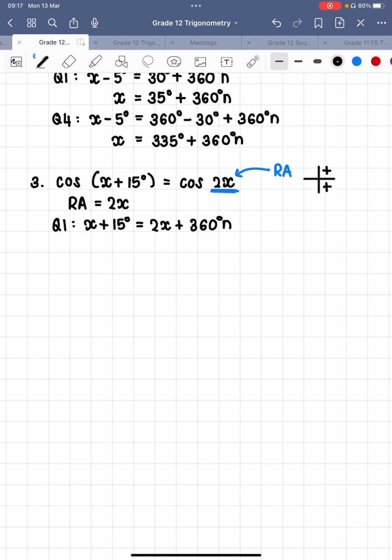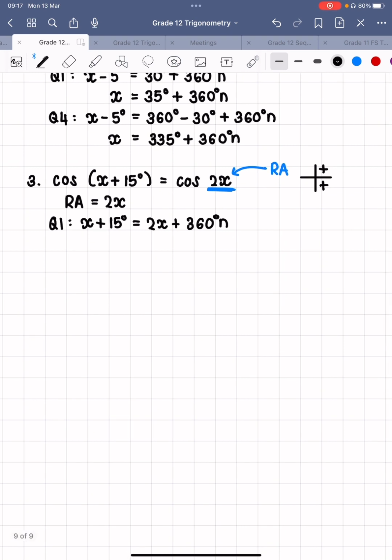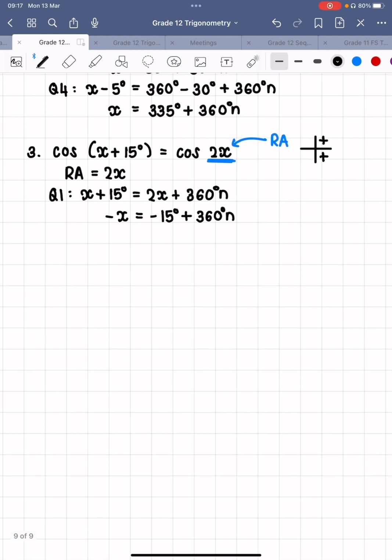Now, guys, we need to solve for x, right? So we need to get all the x's on the one side and everything else on the other side. So I have an x here. This plus or this positive 2x, when I move it, it's going to become minus 2x. So what's x minus 2x? Negative x. And this plus 15, when I move it, is going to become negative 15. Still plus 360n. Please, you have to write that every single time.